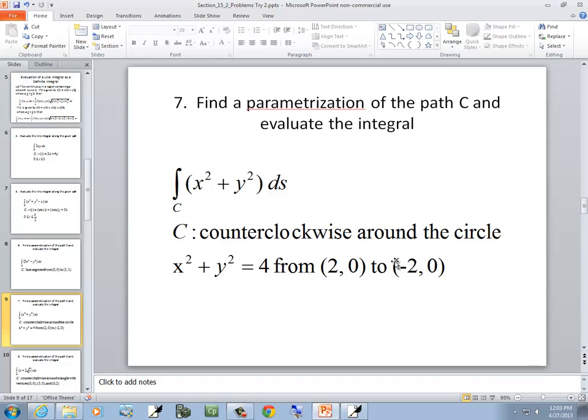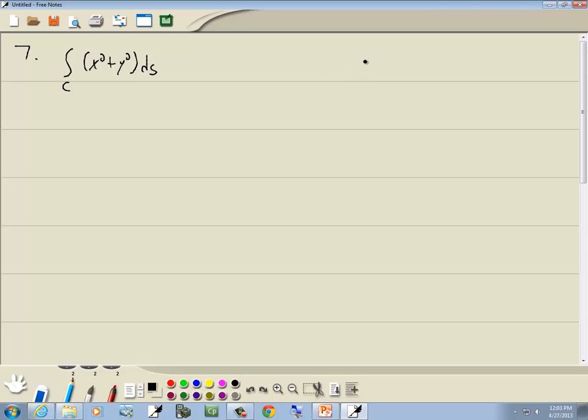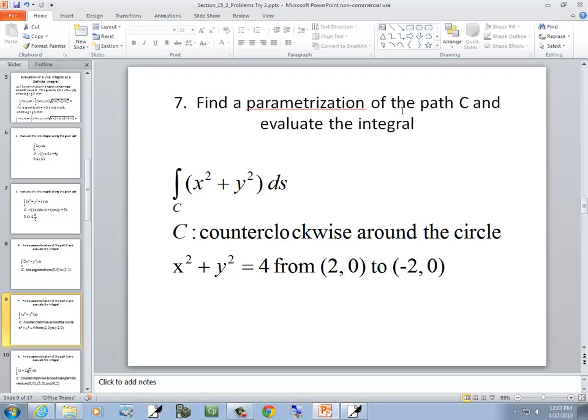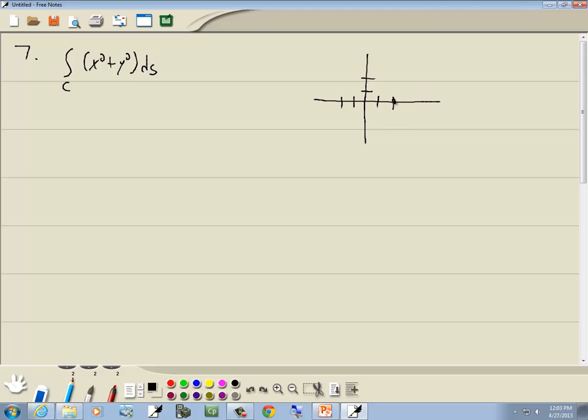X squared plus y squared equals 4. But they're only wanting us to go from 2, 0 to 0, 2, or negative 2, 0. So we're only looking at this piece.